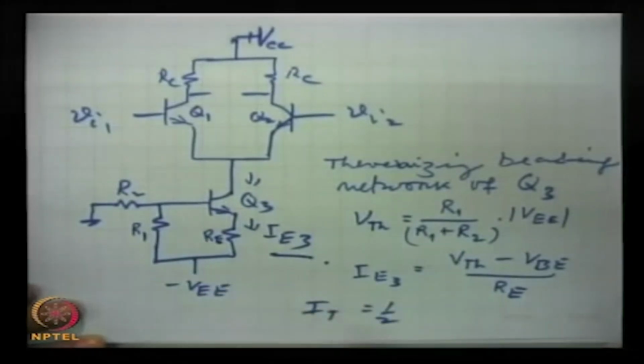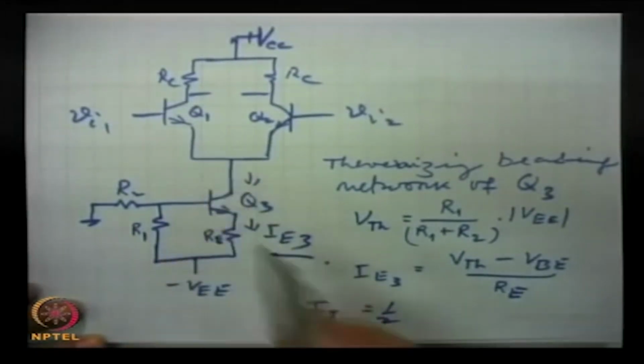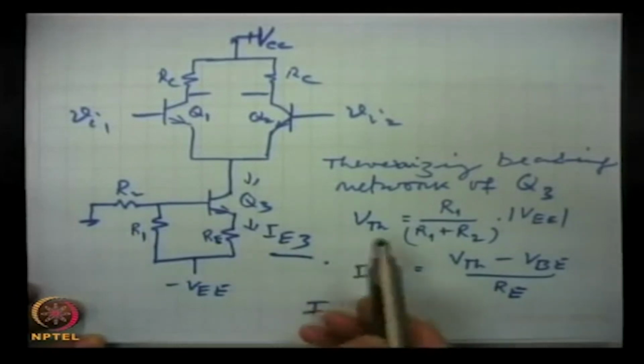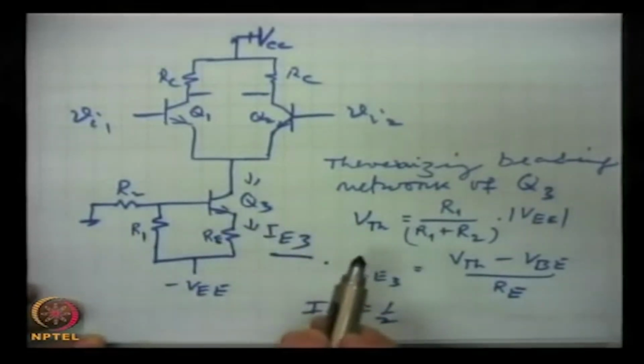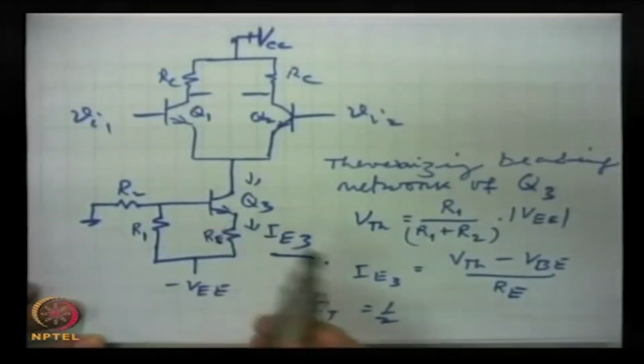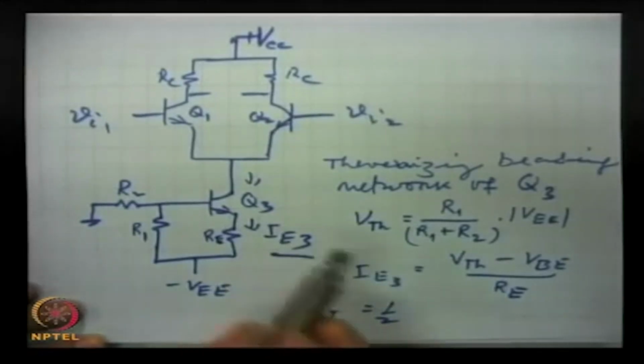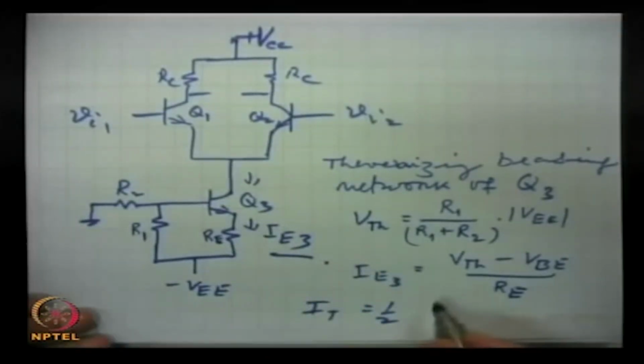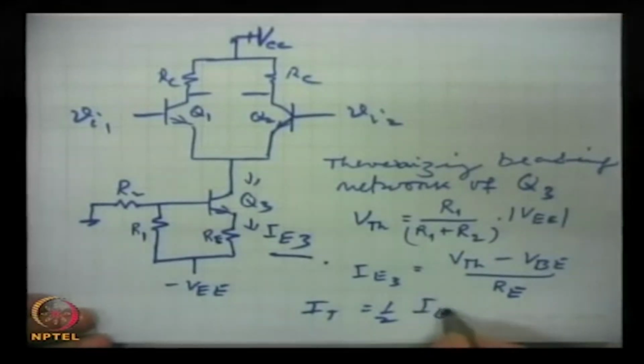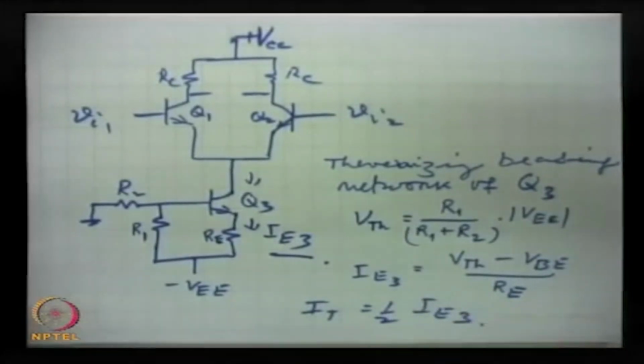I c 3 is equal to I e 3, because in a bipolar transistor emitter current and collector current are very close to each other. So, this is half of I e 3.